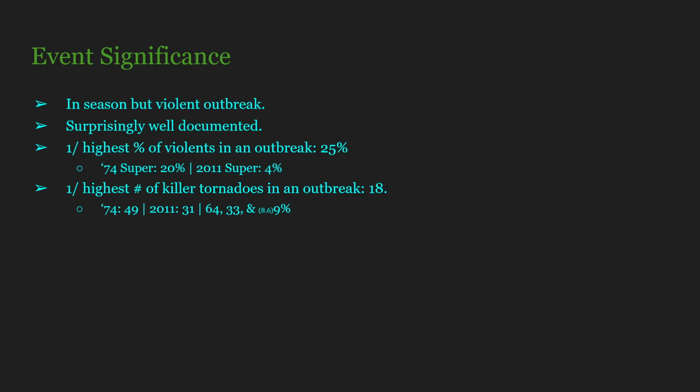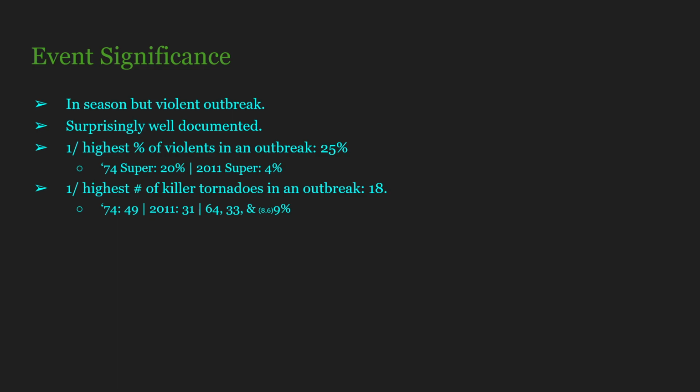Those percentages are 18 out of 28, that is 64%. 49 out of 148, that is 33%. That is indeed rounding down. And 31 out of 360 is rounding up from 8.6%, 9% of the tornadoes being killer. This outbreak is pretty intense, you know?